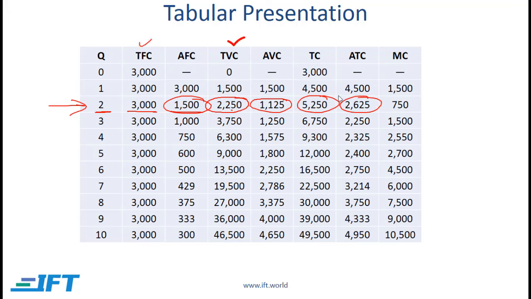The average total cost is the sum of the two average cost numbers, and the marginal cost is the cost of producing one more unit. So if we look at the second unit going from 1 to 2, the total cost increases from 4,500 to 5,250. So the cost of producing this additional unit is 750.